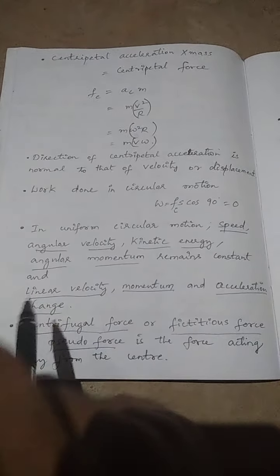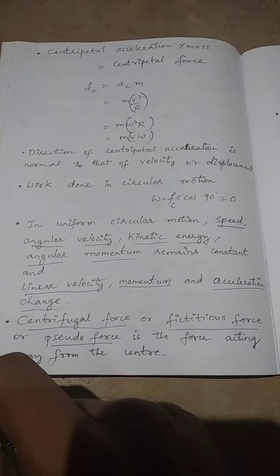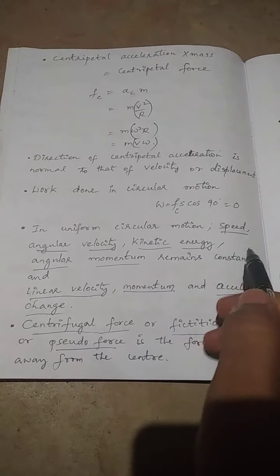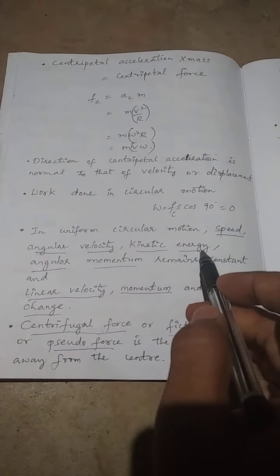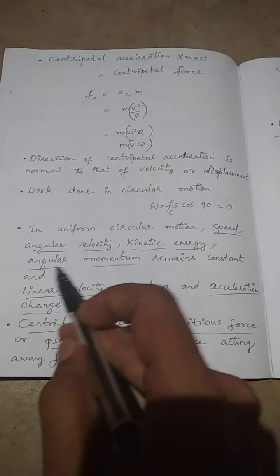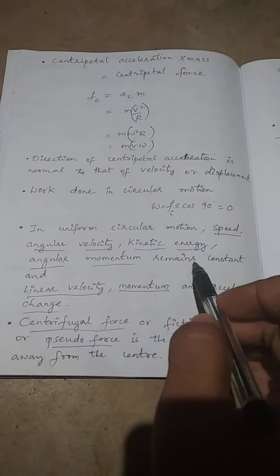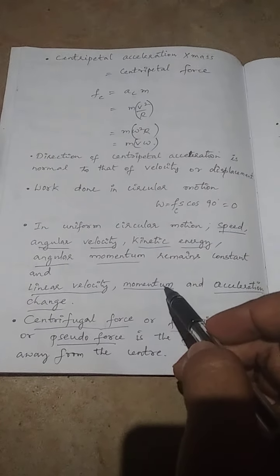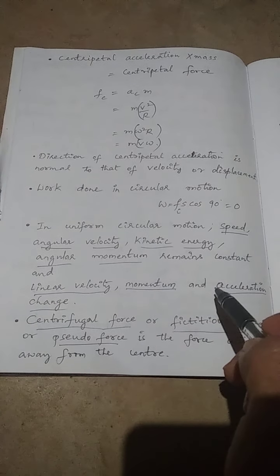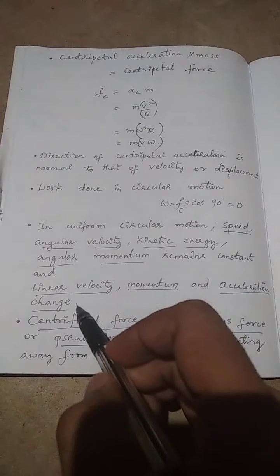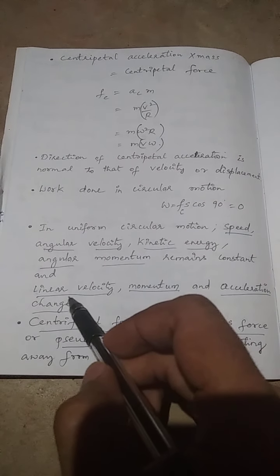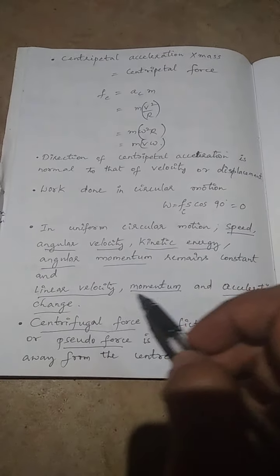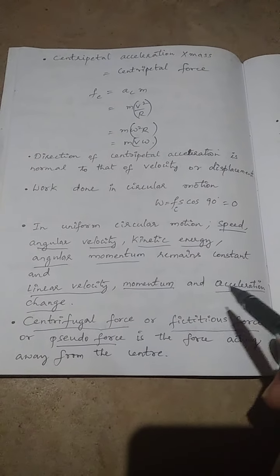If the circular motion is uniform, speed will be constant, angular velocity will be constant, and kinetic energy and angular momentum will be constant. Linear velocity, momentum and acceleration are the changing quantities.